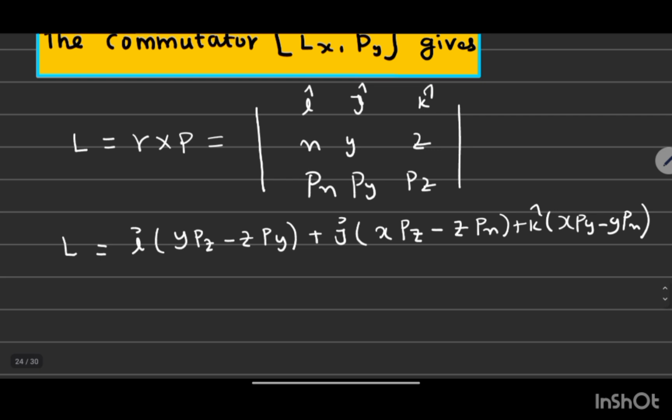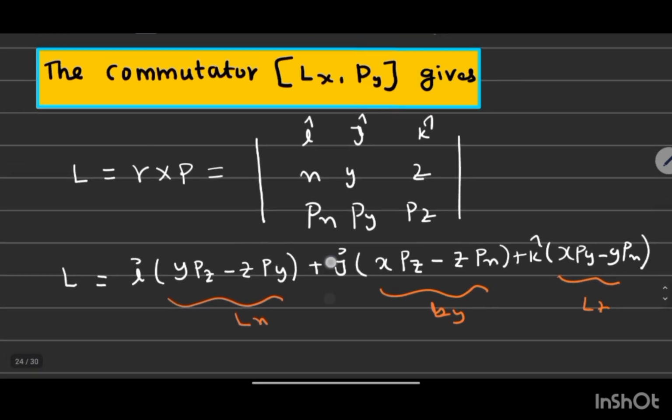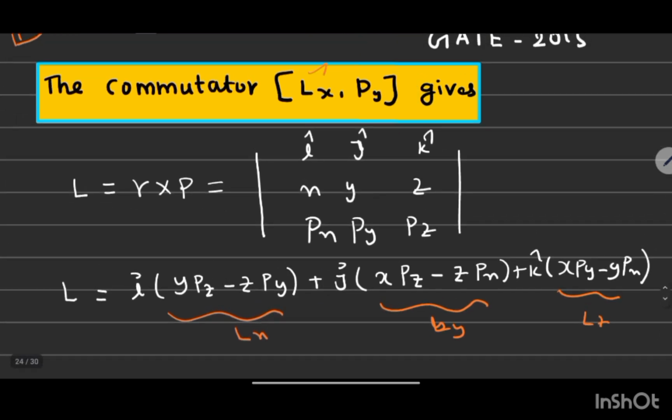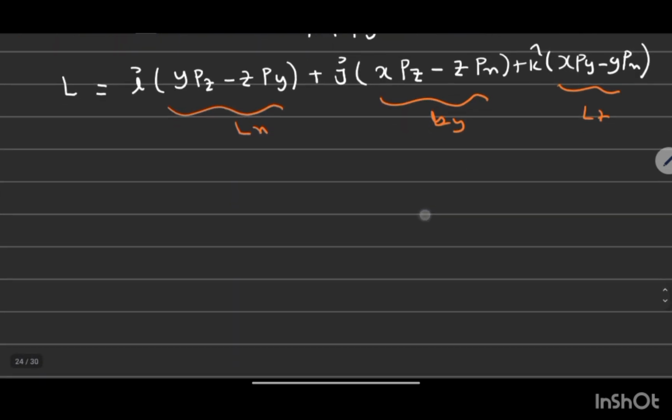This is your Lx, Ly, Lz. In the given commutation relation, we need to know only Lx, so we'll take the Lx from here.